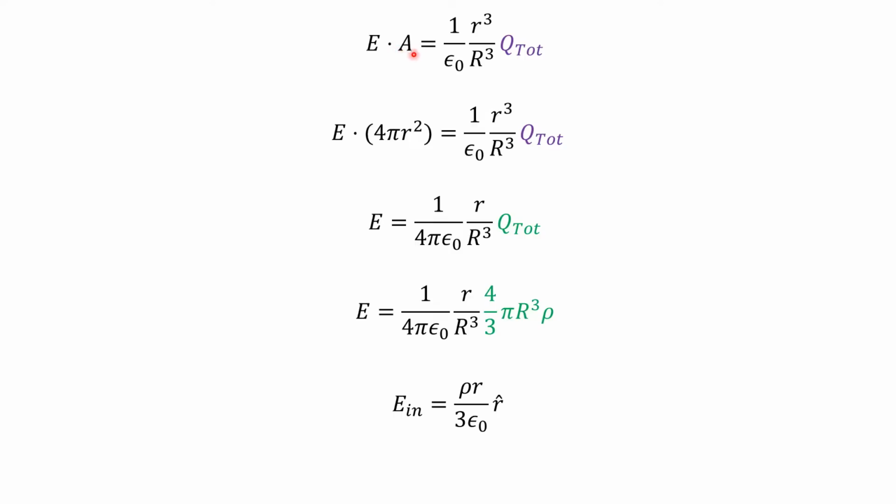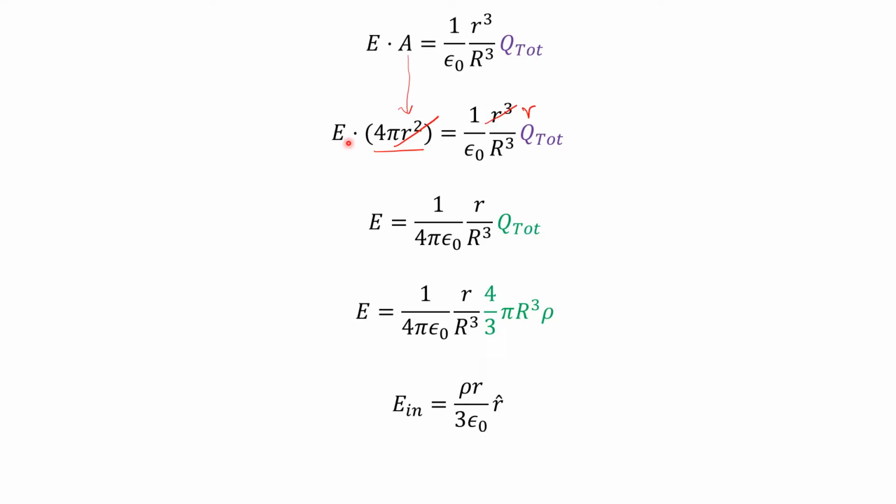Here A is equal to 4 pi r squared, small r squared. Now this r squared and the r cube will get cancelled, and this will become simply r.